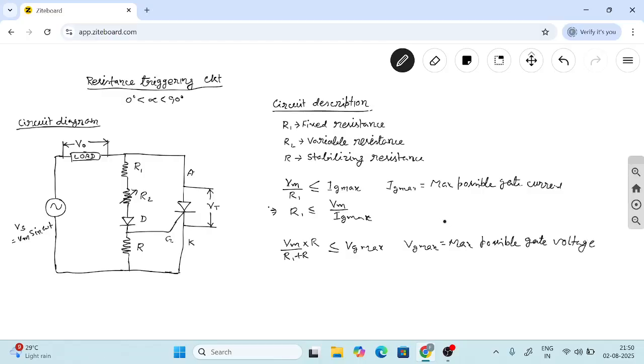The gate of SCR can withstand this maximum voltage Vg max.